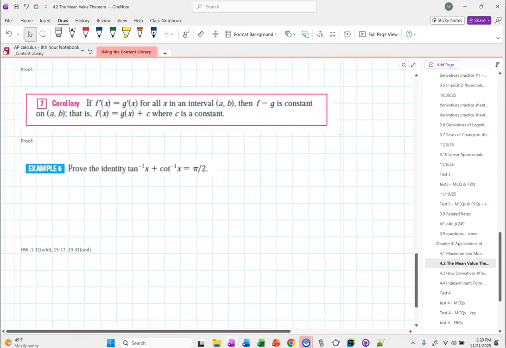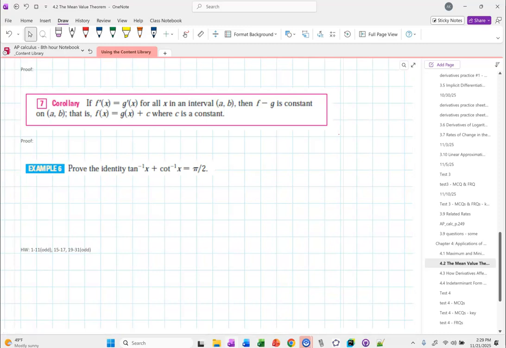A similar result that's not unrelated to integration that we'll do later on says if f prime is equal to g prime for all x on an interval, then f minus g is a constant function, i.e. that f of x is just equal to g of x plus some constant.